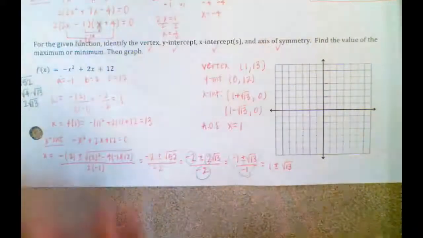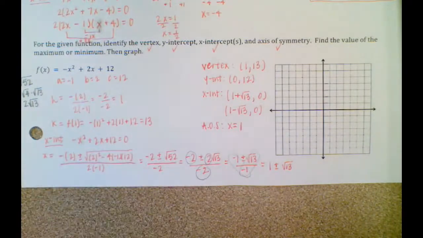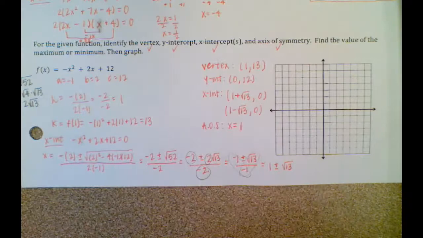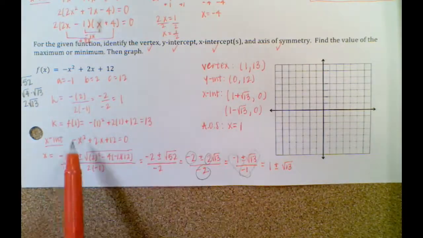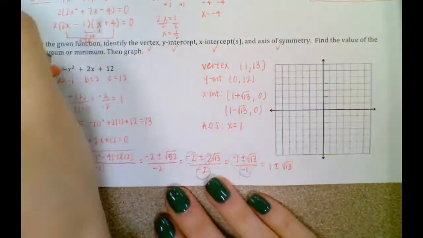All right. Then it says find the value of the max or min. Remember the max or min is that vertex, okay? So my vertex is 1, 13. That's that coordinate point, but okay, let's look here. This equation, the graph will point down, right? Because that a value is negative.